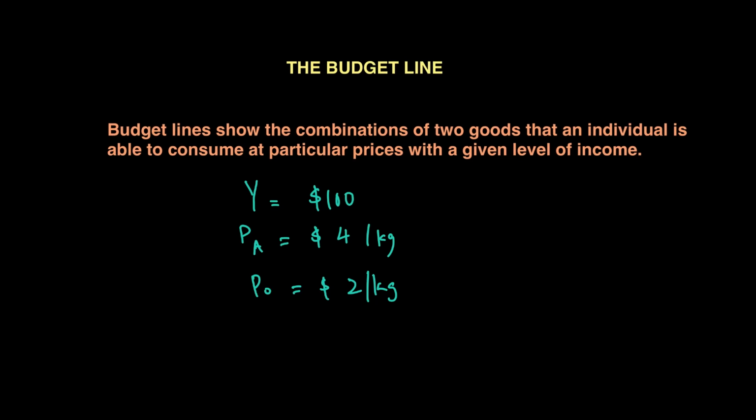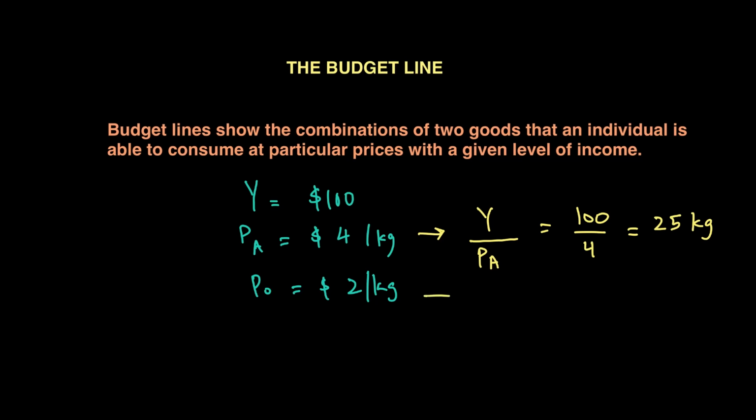Now, if he decides to buy only apples, if I say all of his money is spent on apples, that's one combination, which means only apples and no oranges. Then one would argue that the amount of apples he can buy will be simply income Y over price of apples, because that's what he's spending, or 100 over 4, or 25 kgs of apples.